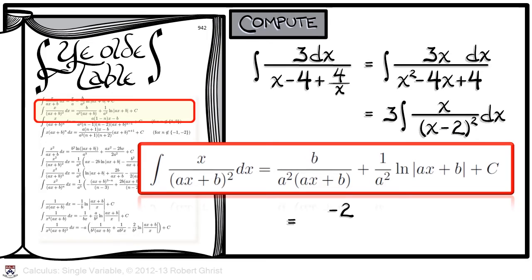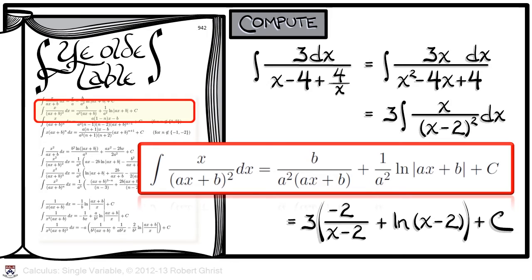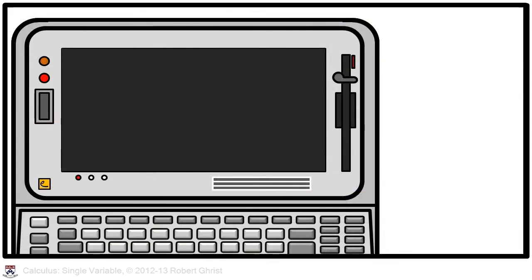Well, b is negative 2, and a is equal to 1. And so, following the formula, one gets negative 2 over x minus 2 plus log of x minus 2 plus a constant. Oh, wait, we have to multiply everything by that 3 that was out in front. And that's how one would use a table.